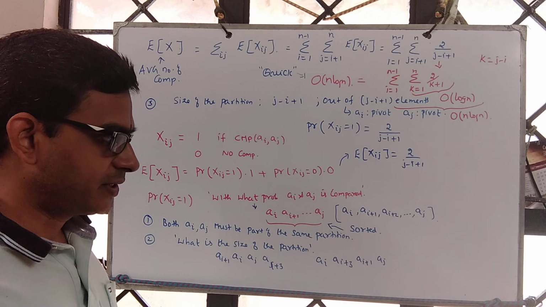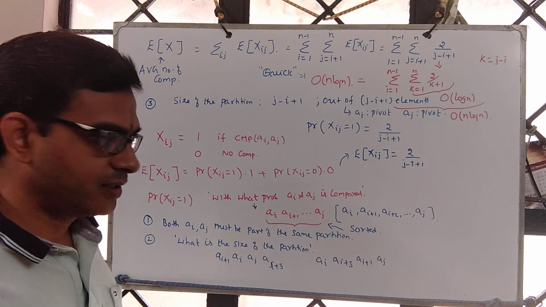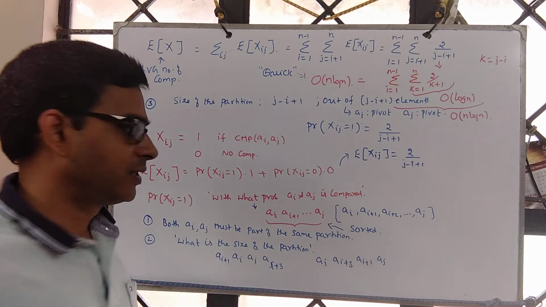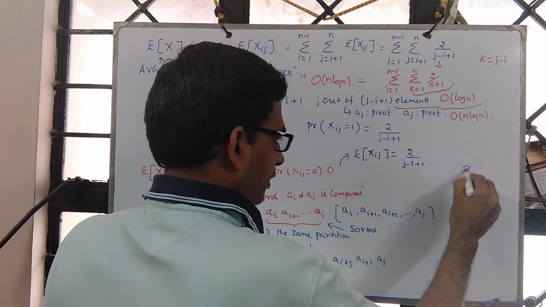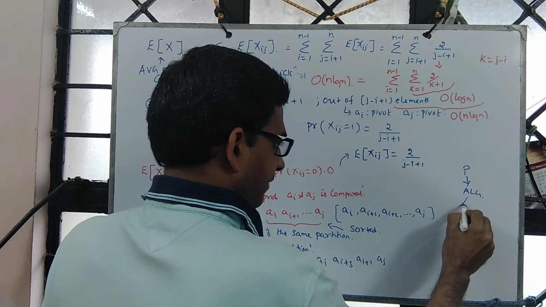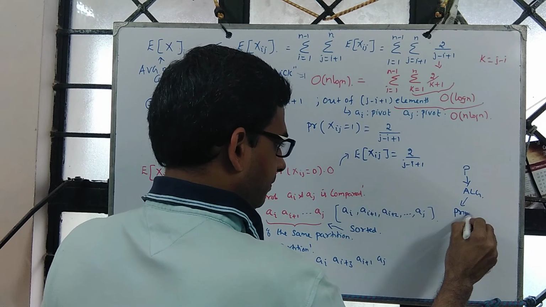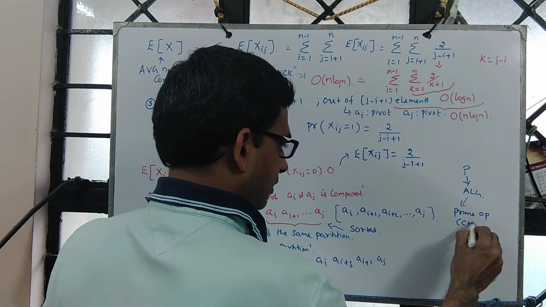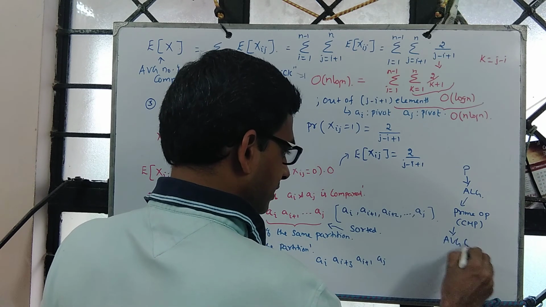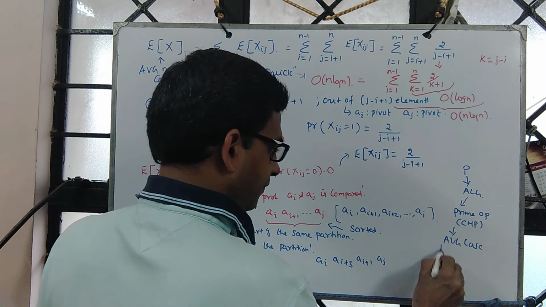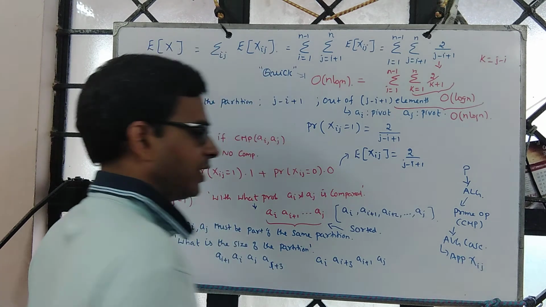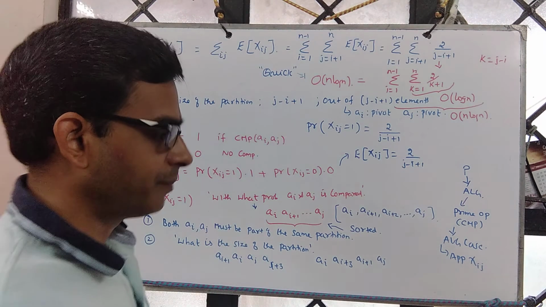But there is a larger message that this case study is trying to convey. Given a computational problem and an algorithm, first identify the primitive operation, say comparison. Then if your focus is on average case analysis, define an appropriate indicator random variable. That will tell you when exactly a pair is compared.